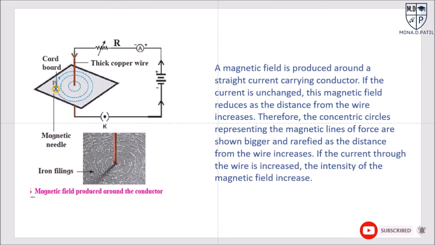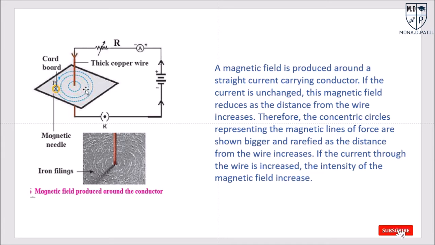A magnetic field is produced around a straight current carrying conductor. This red rod you can see here is the copper conductor. If the current is unchanged, this magnetic field reduces as the distance from the wire increases.